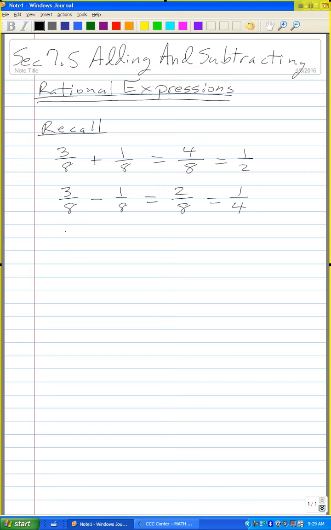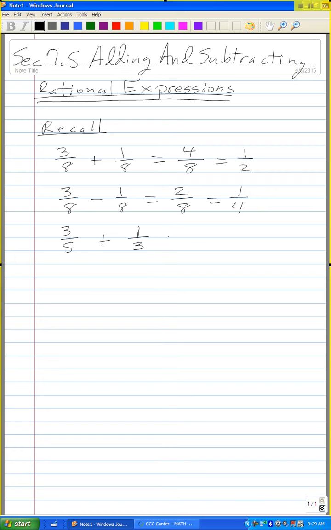Now, if you have, let's say, 1/3. Suppose you want to add two fractions where they don't have common denominators.